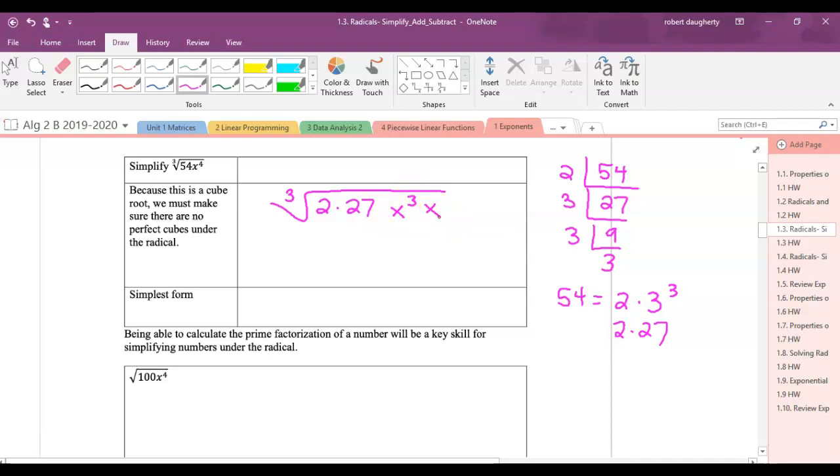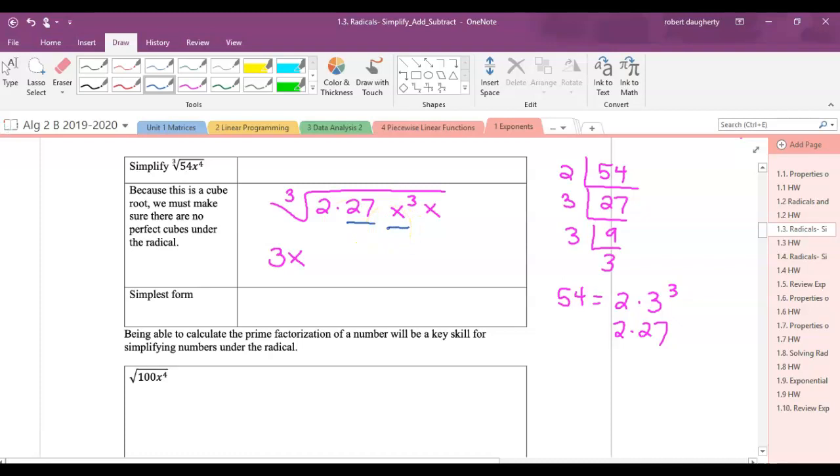The reason I'm doing that is because I'm taking the cube root. So what's the cube root of 27? That's 3. What's the cube root of x cubed? What number can you multiply 3 times and get x cubed? That is x, okay? So 3x. So I've been able to simplify those perfect cubes.